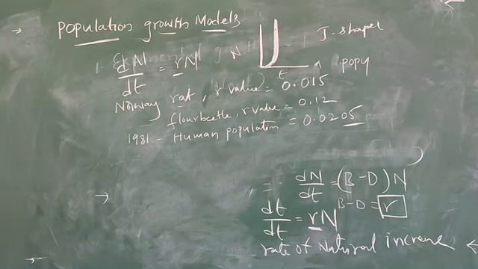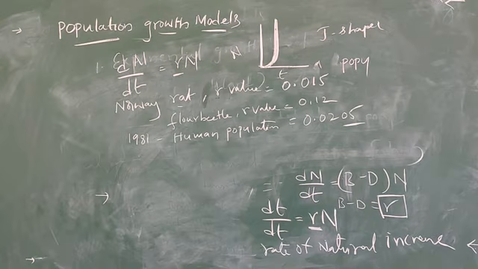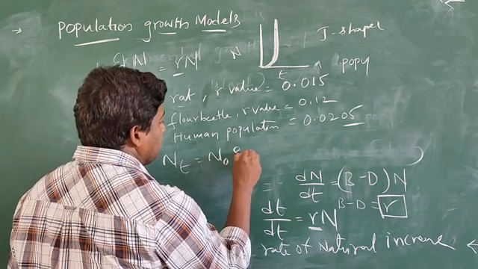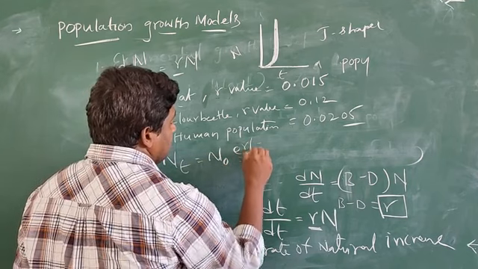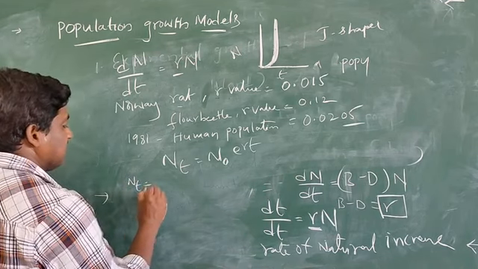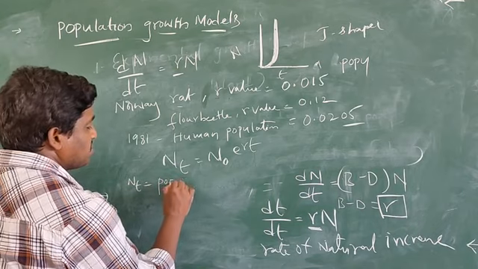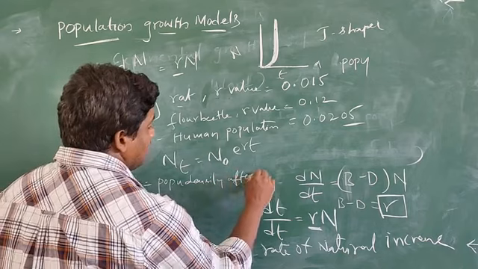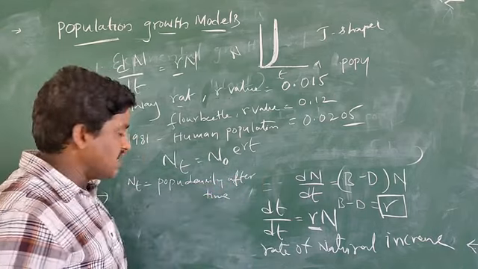Okay. Next. After that, when plotted with N in relation with time, Nt is equal to N0 e^rt. Here Nt means the population density after time t.